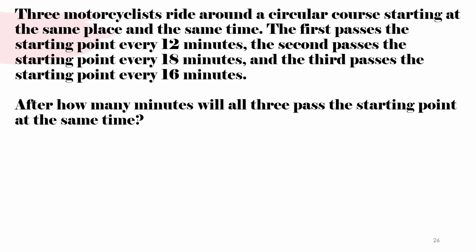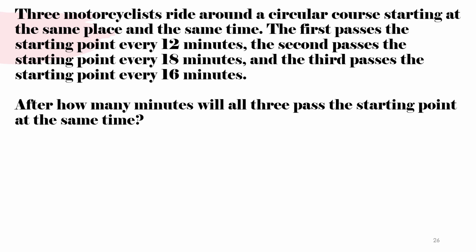Now let's look at an example of the least common multiple in a word problem. Suppose that we have 3 motorcyclists that ride around a circular course starting at the same place and the same time. The first passes the starting point every 12 minutes, the second passes the starting point every 18 minutes, and the third passes the starting point every 16 minutes.